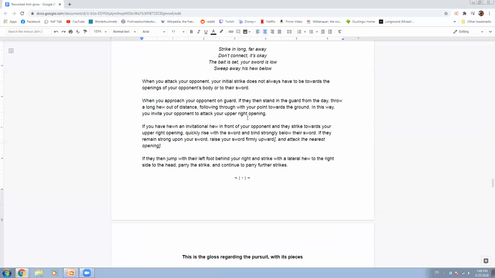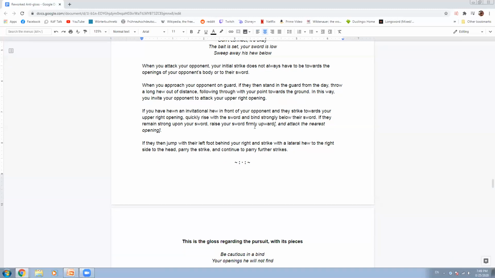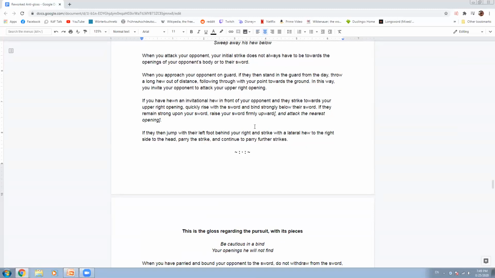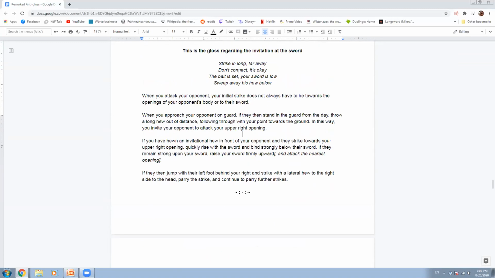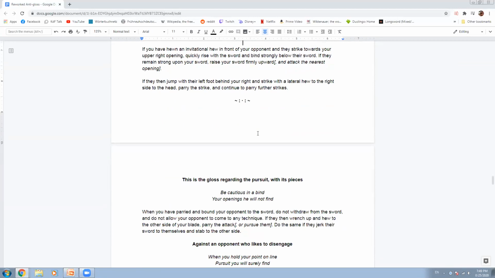And that's something that's not really recommended by the glosses. We do sometimes have preparatory cuts, but none that don't directly threaten an opening. Usually they end with the point towards the opponent's face. So that's all for the invitation.